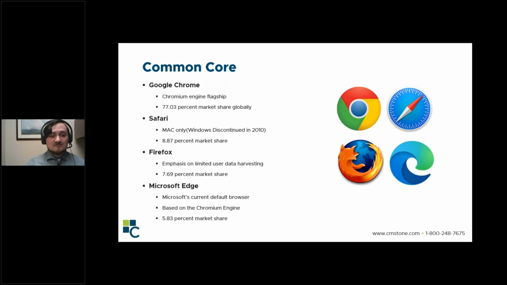A lot of the other browsers out there are based on Google Chrome because of the Chromium engine. We'll mention that a little later, especially for Microsoft. Because it's so widely used and a lot of sites are made to work with it, it's just good for most other browsers to incorporate parts of the Chrome engine anyway.